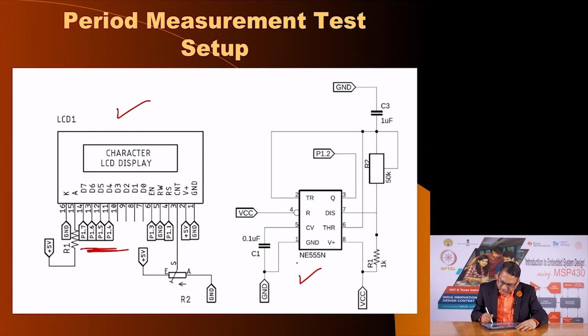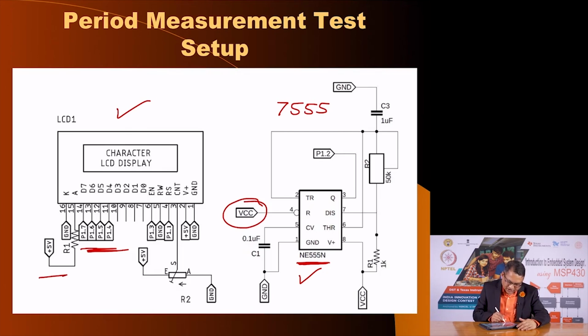In fact, the IC used here is 7555, so that it can work at a VCC of 3.3 volts. The VCC for the LCD is 5 volts, as we have gone through this earlier. You remember the LCD works at 5 volts.